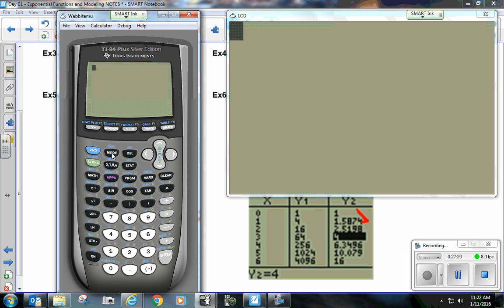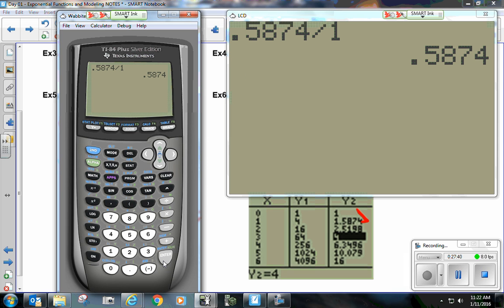The difference of the two over the original. So if I do 0.5874 and divide that by 1, because that was the original where it started. Wait, is it 1.58? No, I think the difference. Let's do it another way.